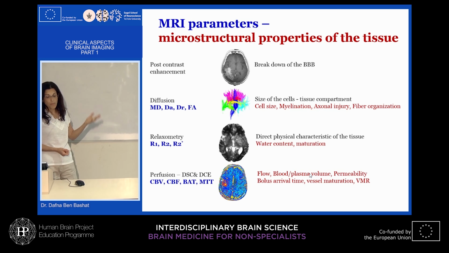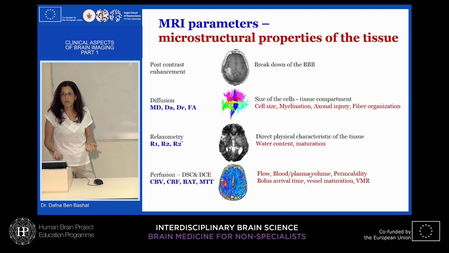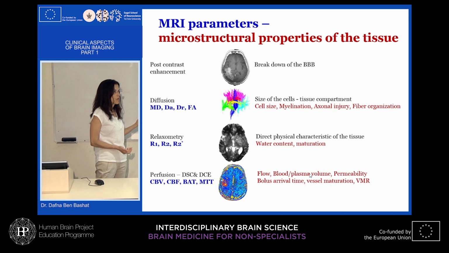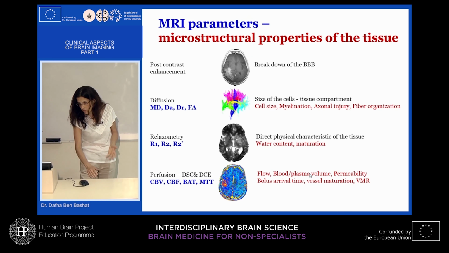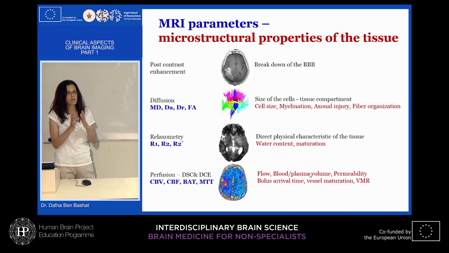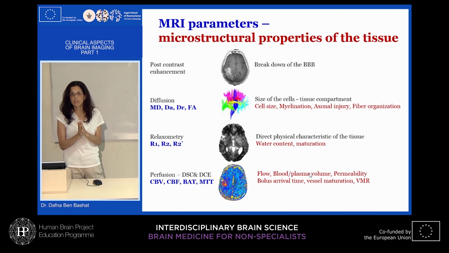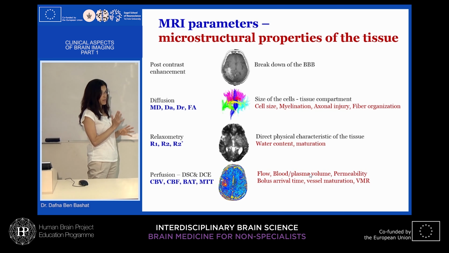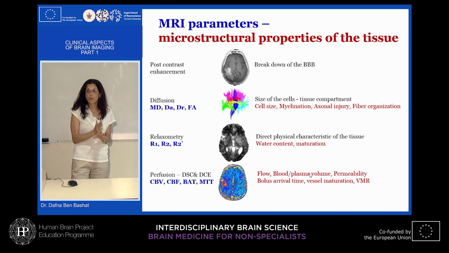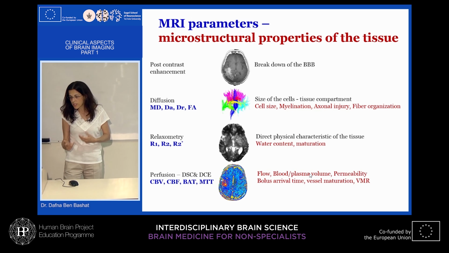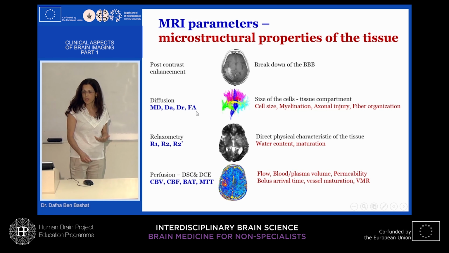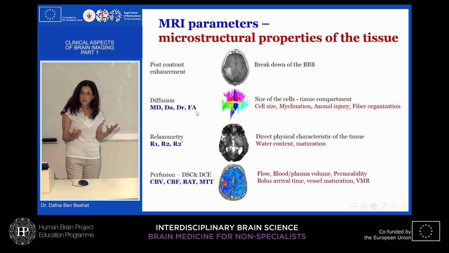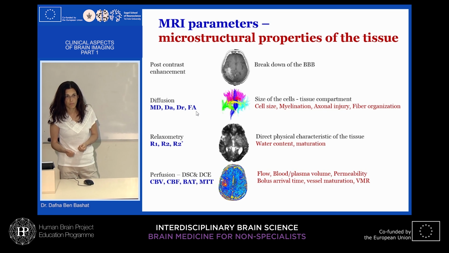So if we are talking about injection of gadolinium, anybody who has had a regular MRI, we often inject a contrast agent. When we're talking about the brain, the contrast agent doesn't go out of the blood-brain barrier, and when it does, when we see an area like this, an enhancement in a white matter area, we know there is impairment or a breakdown or partial breakdown of the blood-brain barrier.